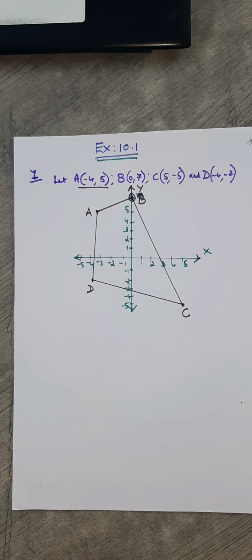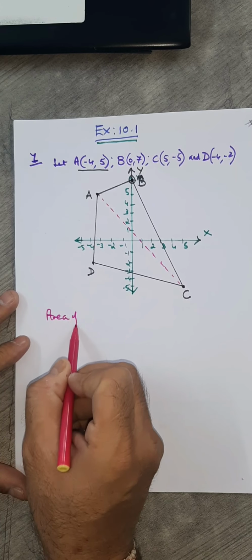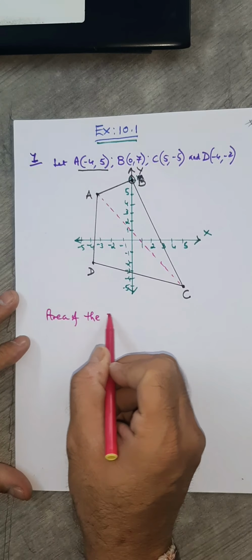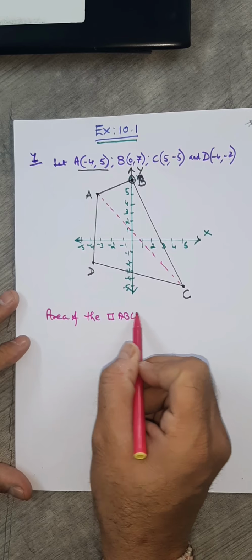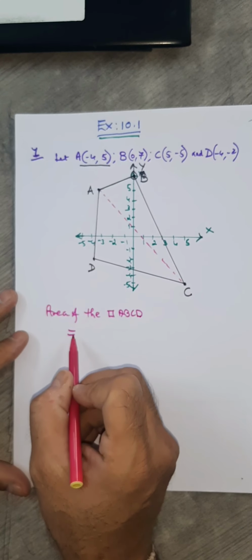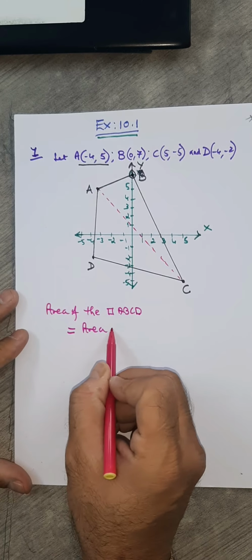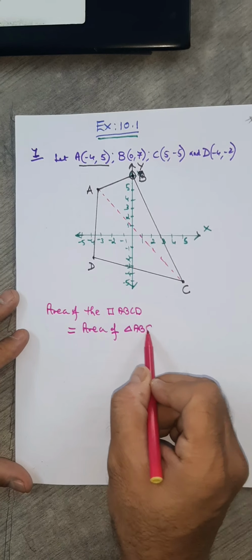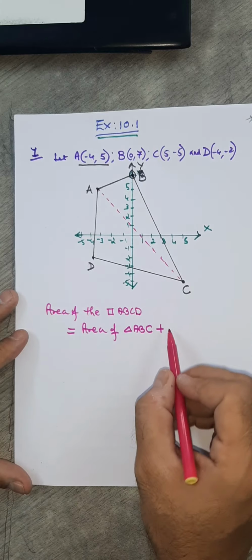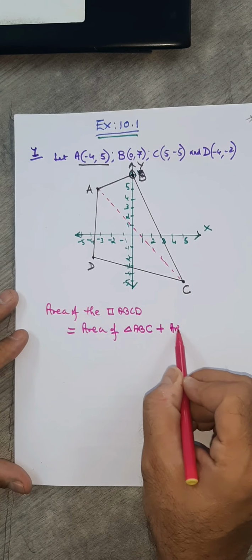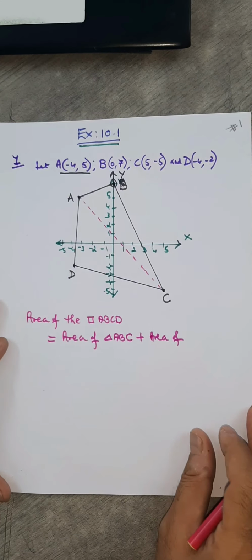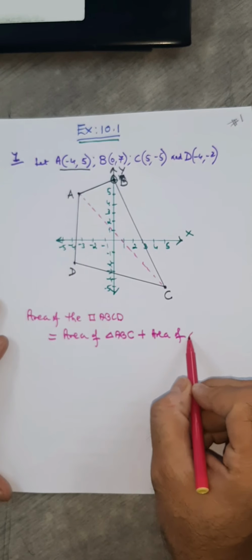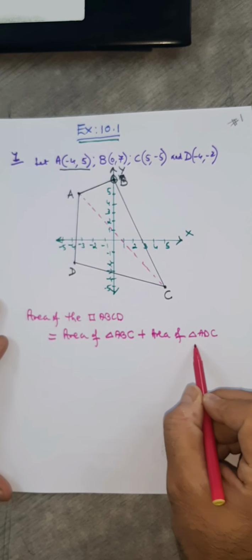So I'll write here area of the quadrilateral ABCD, that is equals to area of triangle ABC plus area of triangle, which triangle? ADC. Fine.